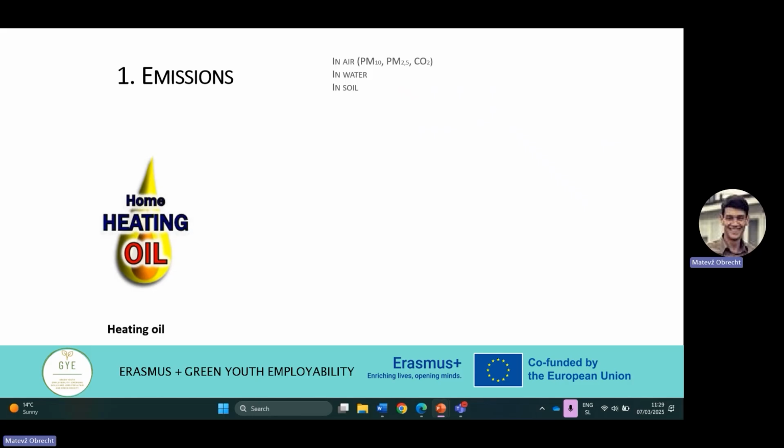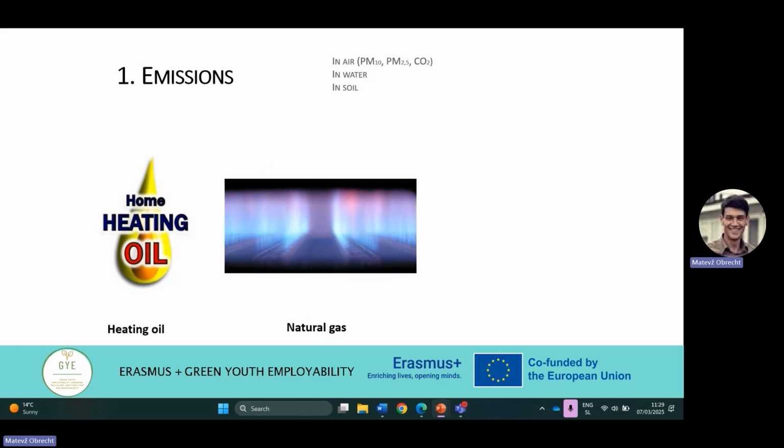This causes quite a significant impact on the environment. It causes huge amounts of emissions. So what can a company do to reduce it? Well, one of the ways is to replace the heating oil with natural gas. If we replace it with natural gas, we can reduce the emissions by 1 ton and 360 kilos.